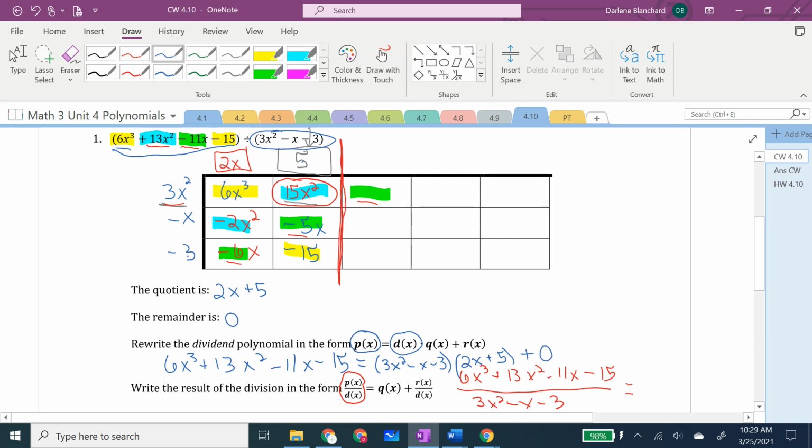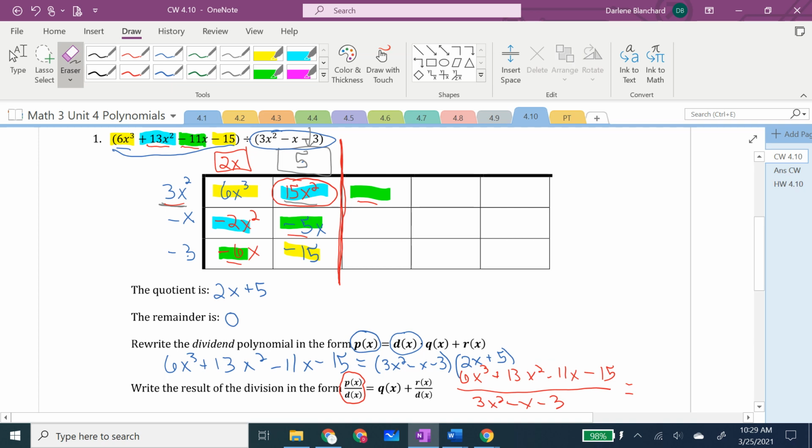But I have 0 remainder. What that means is, if you have that 0 remainder, that means you just factored a little bit. Division is factoring. Every time you have factored, you've actually been looking at a way to divide. So you don't need to write the plus 0.